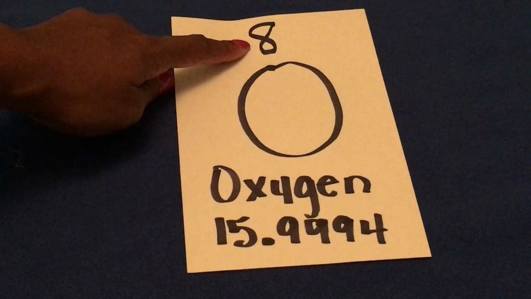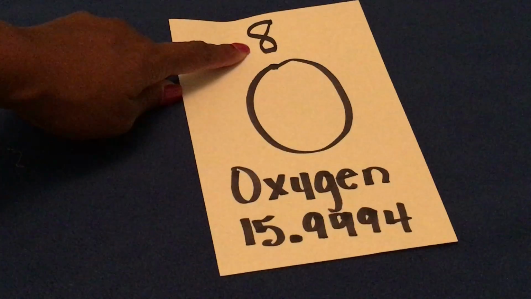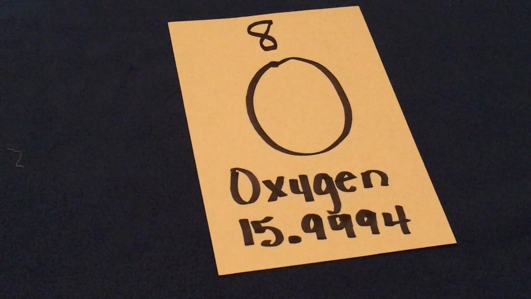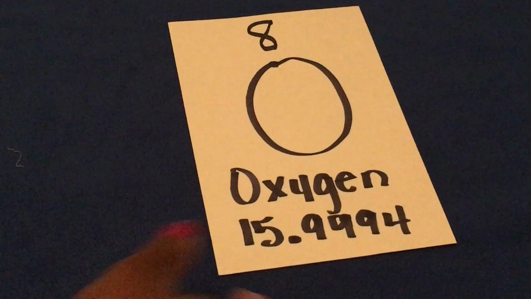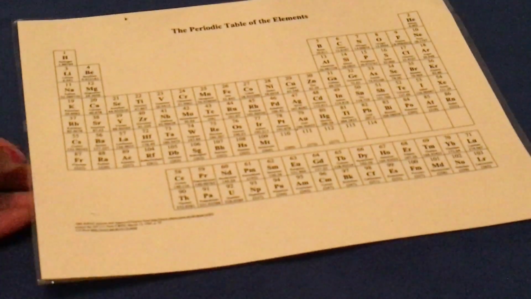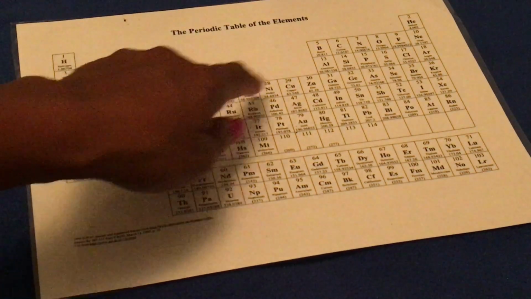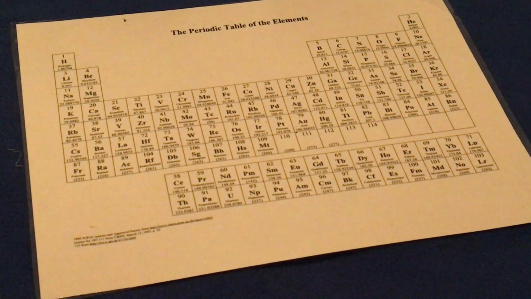The number 8 represents the number of protons. It's your atomic number, so it's the identifier. So each of those substances on the periodic table have a different atomic number. So if we go back here and we look at our periodic table, each of these have different atomic numbers, okay? And the atomic number is going to be the identifier, so that number that identifies what the substance is.